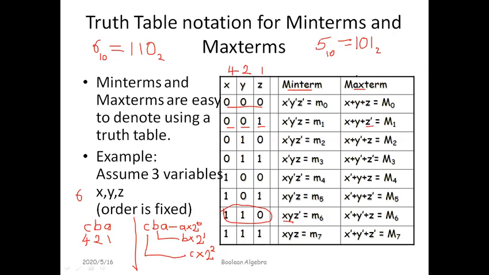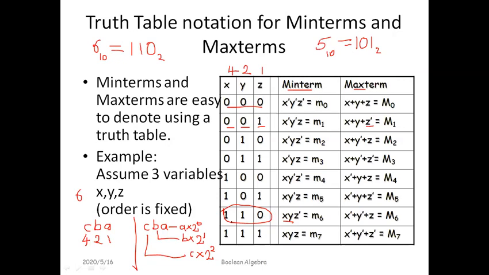Then we come to the max term for the same combination. So the max term will invert all ones and let the z remain the way it is.